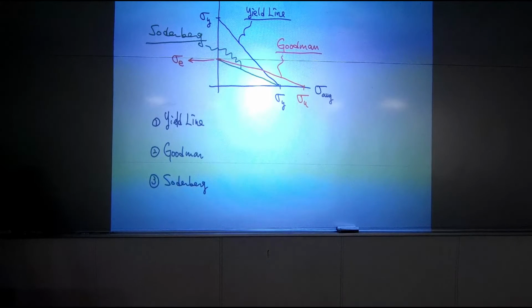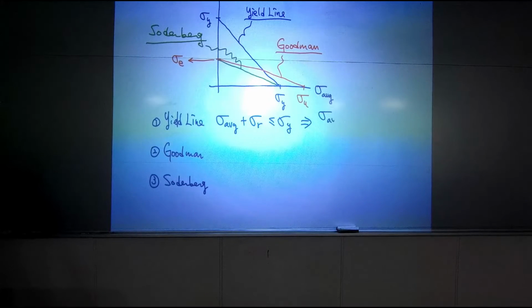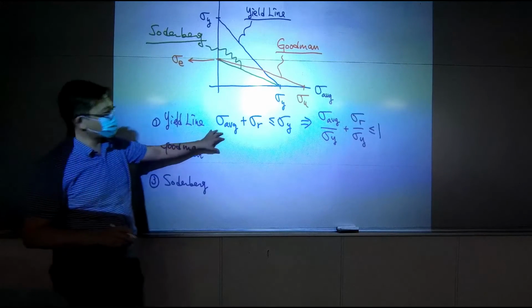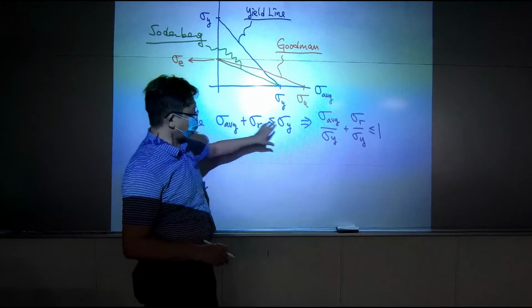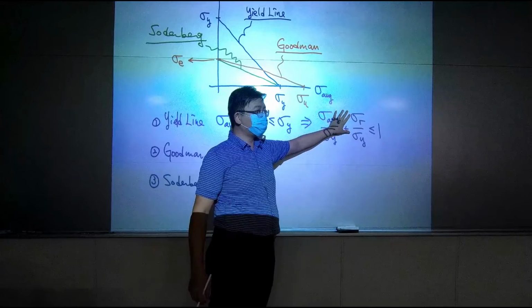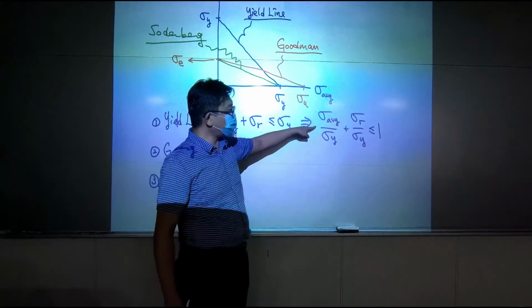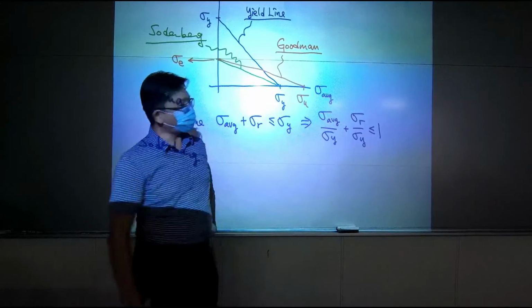So previously this was sigma average plus sigma R smaller than yield. You can rewrite this equation in this form. You divide both sides of the equation by your yield strength. Then you have an equation like this. Okay? And we can use this format for the other two cases.